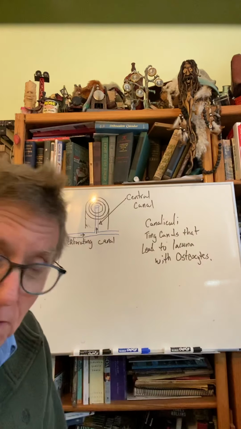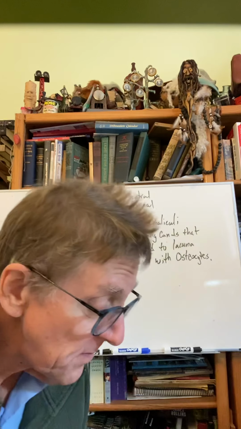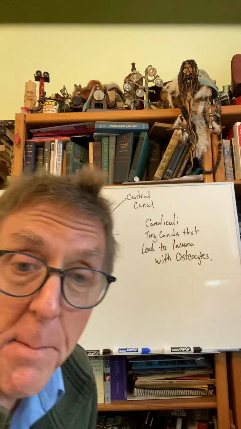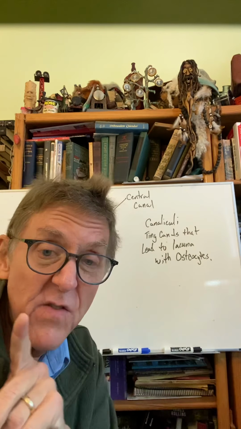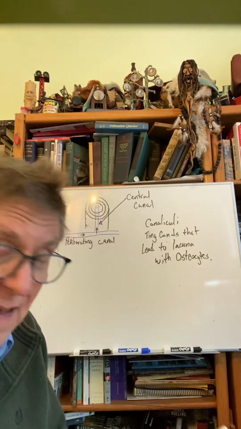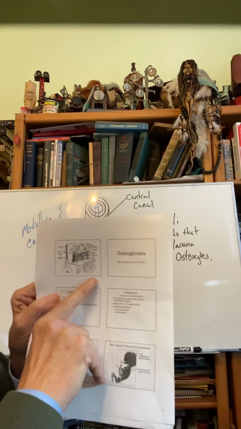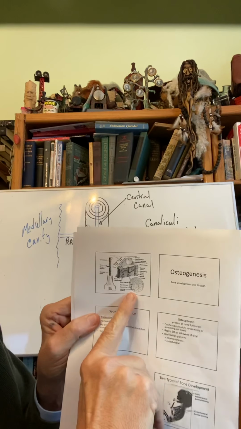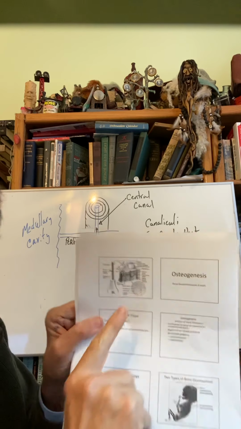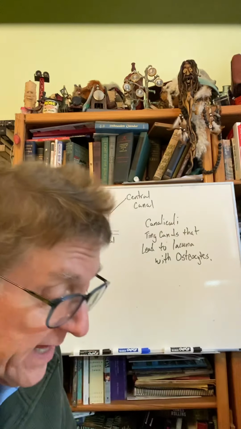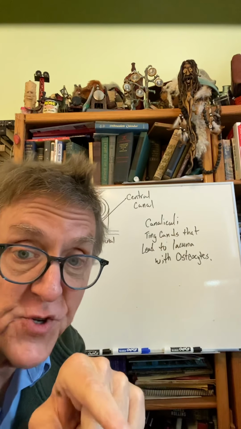If you look on slide number 7, you can see the perforating canals and you can see the central canals. And then you see that little round circle there? Look at that and realize what it is. This is where they've gone in really high magnification.